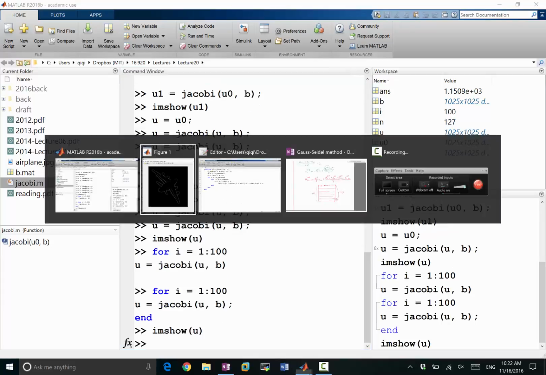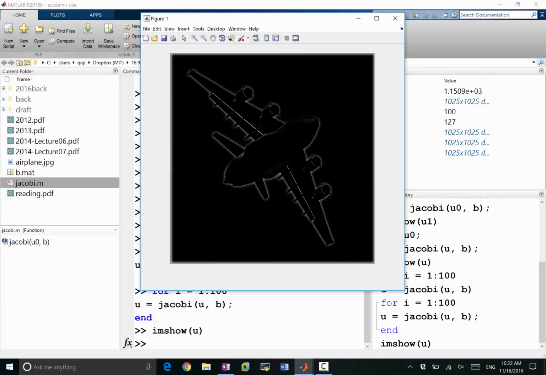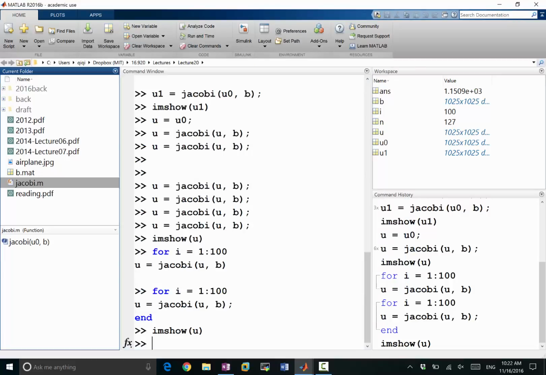So I do that, and I seem to see an airplane showing up, right? So this is an iterative method. As you iterate more, you see the solution closer and closer to something you may expect.